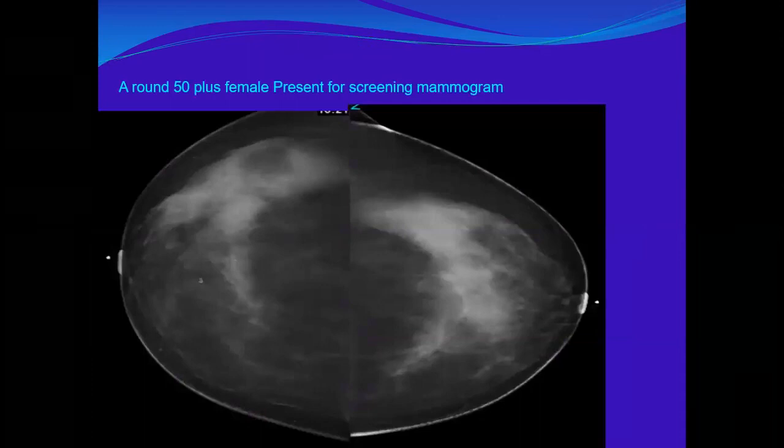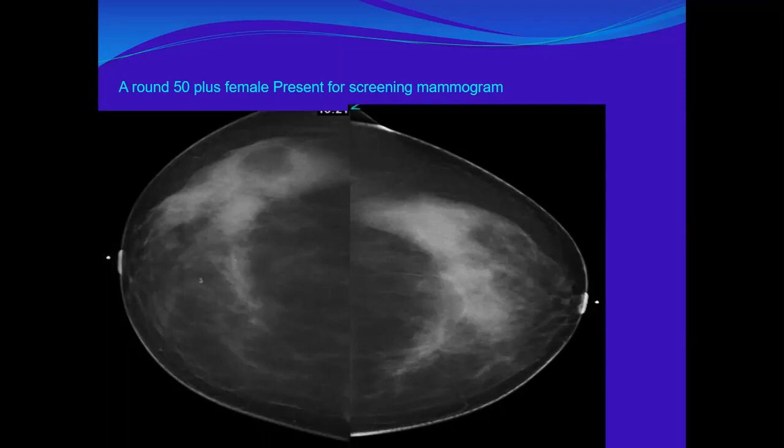Okay, and what is going on here? This 50-year-old female is presenting for screening, huh? Can you see anything? Global asymmetry. There is an area of asymmetry involving the inner to central part, and the middle third.